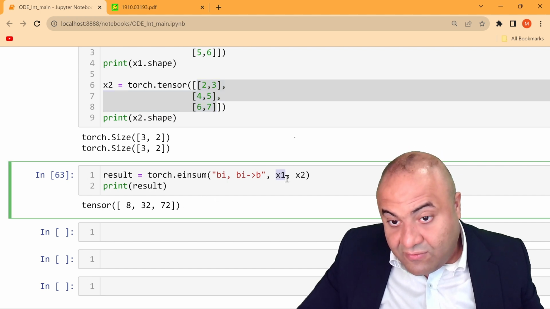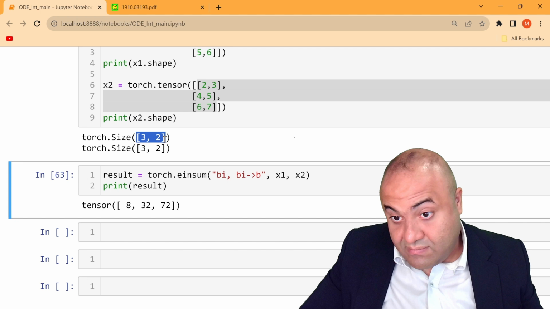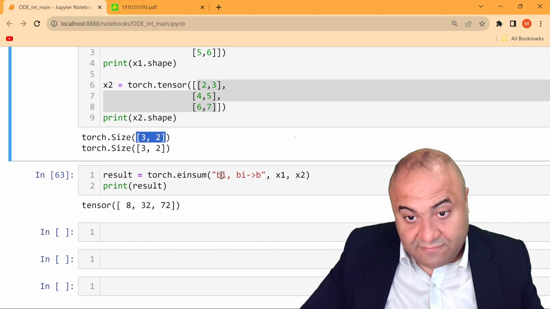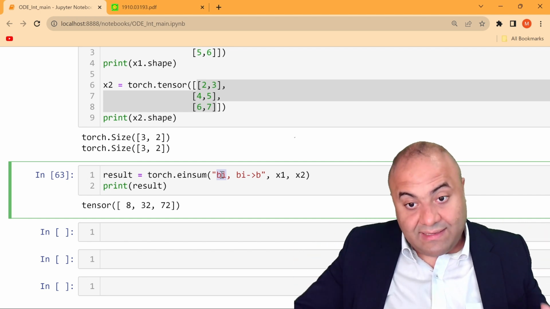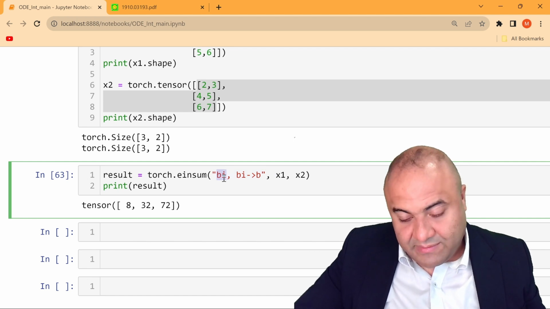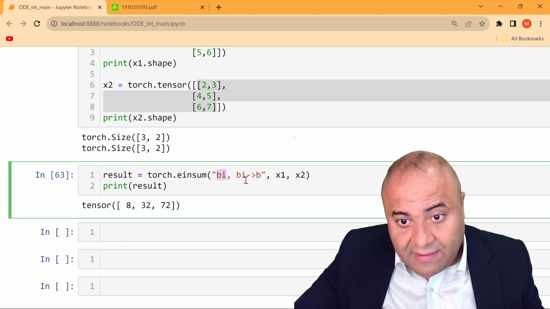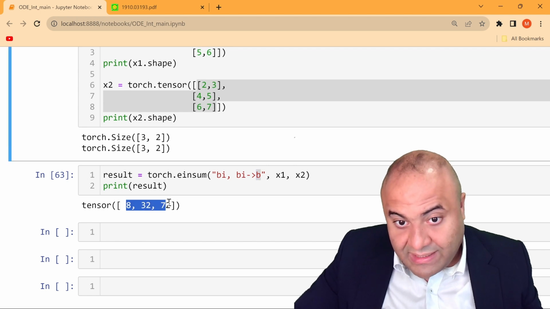If you have x1 and x2, they should have a two-dimensional shape because you defined p and i. The syntax has to be this way. Then you multiply them, and you will have a result that has the dimension of p, so it will have 3.